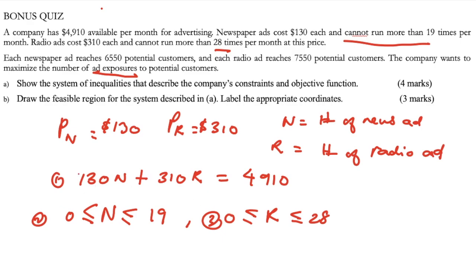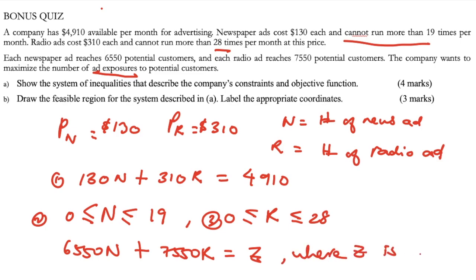And the objective is to reach as many exposures as the company can. The exposure here is 6,550 for newspaper times how many times the newspaper advertisement runs, plus 7,550 times radio, equal to the number of exposures, where Z is the number of exposures, isn't it?